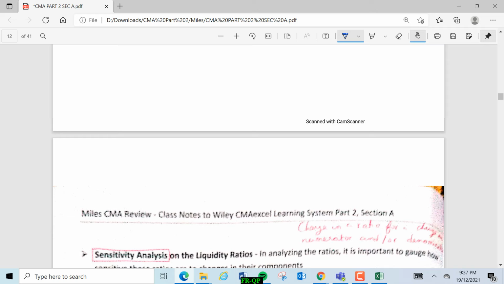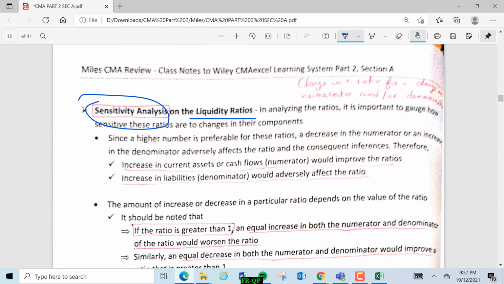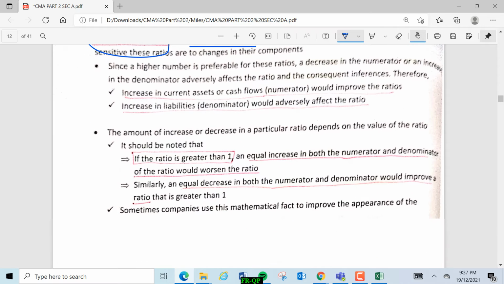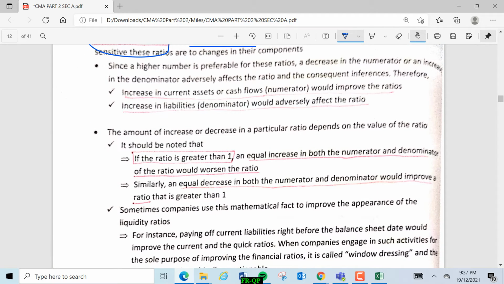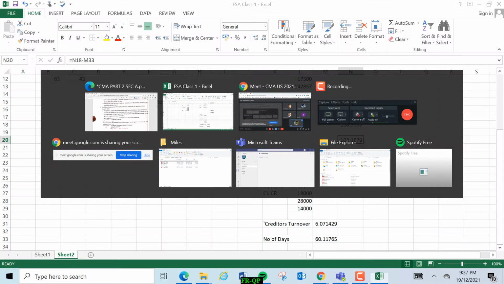This I have already discussed with you when I was discussing the scenarios. Sensitivity analysis on the liquidity ratio. That's what I have discussed, naming it ratio algebra. What will be the impact if the denominator increases, if the denominator decreases? What would be the impact on your ratio? So this was already discussed, and this is the example for that.